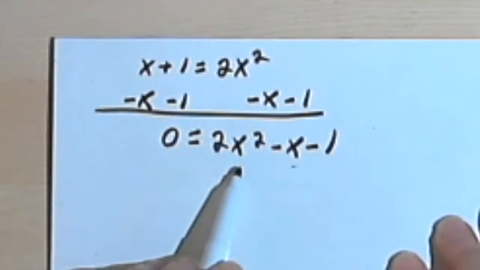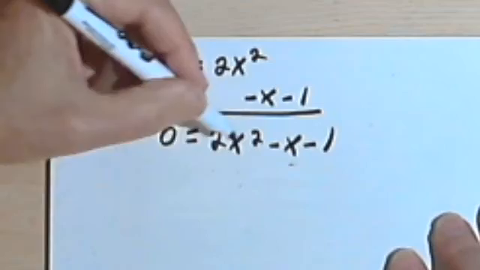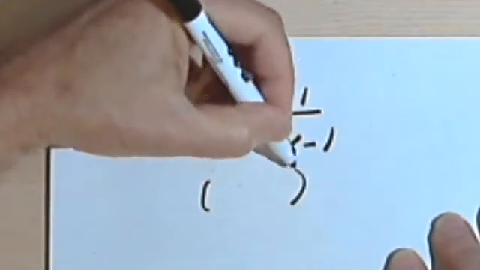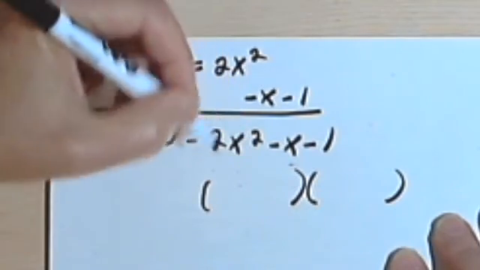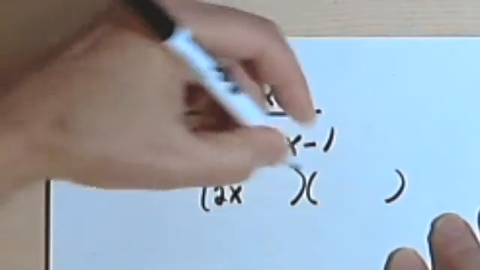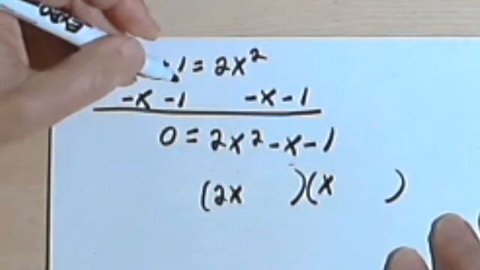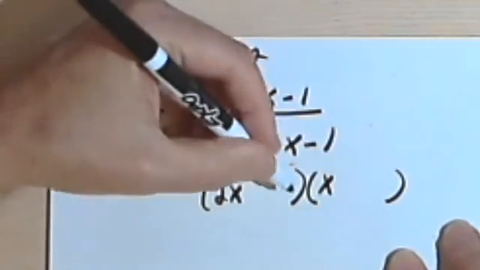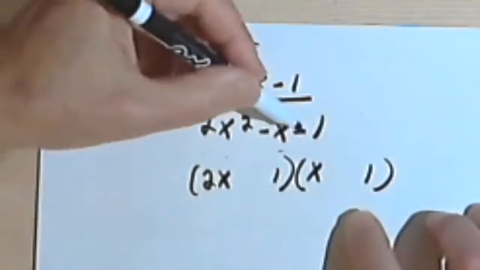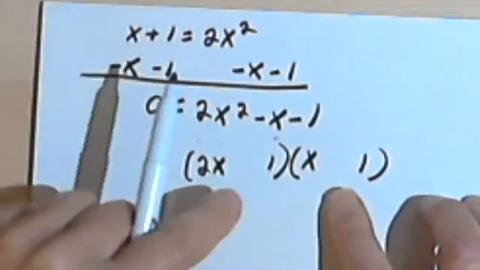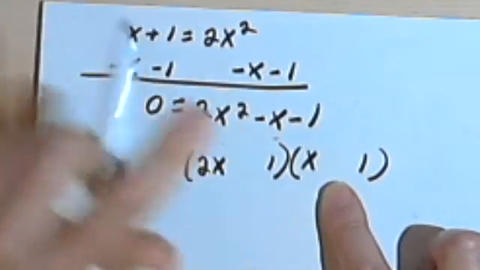As it turns out, I can take this and break it down into 2x squared must have been 2x times x. And the only way to make a negative 1 would be a 1 times a 1. And since that was a negative, I need to put a negative sign in for one of these and a positive sign in for the other.